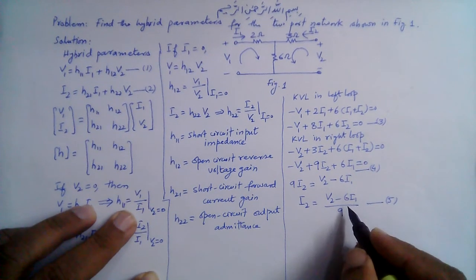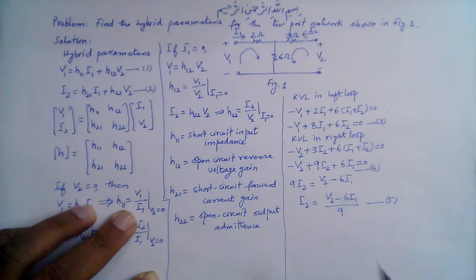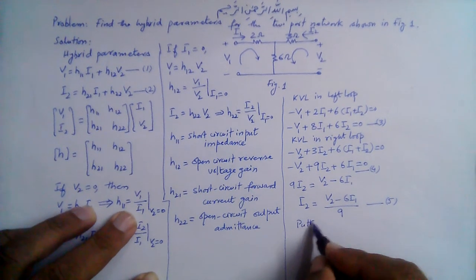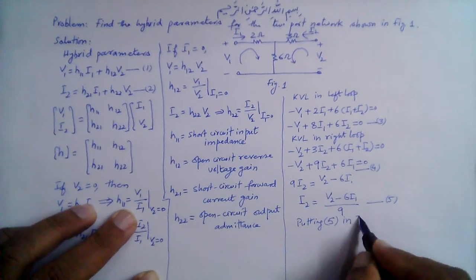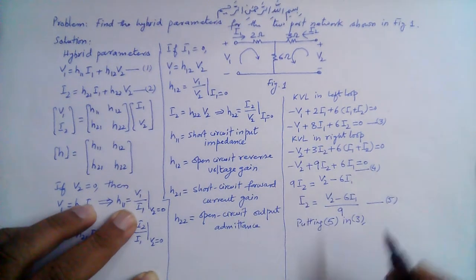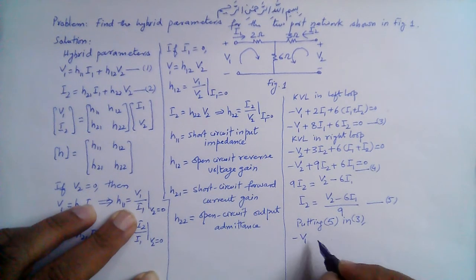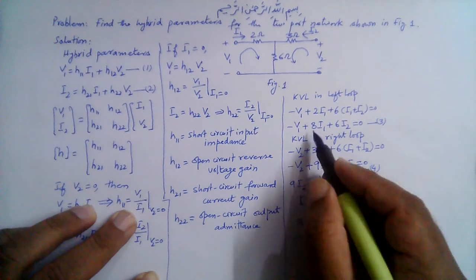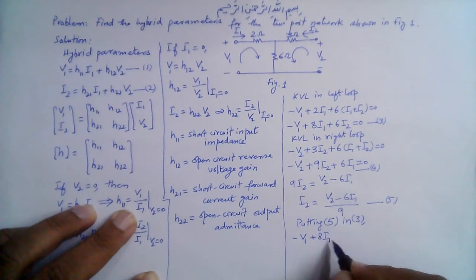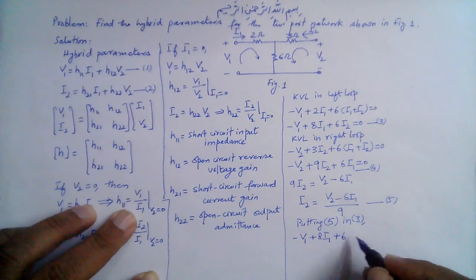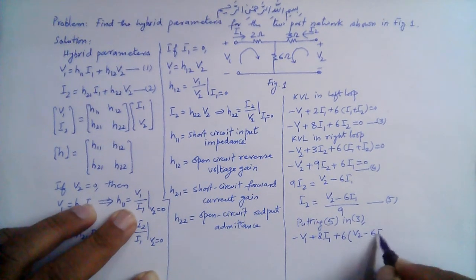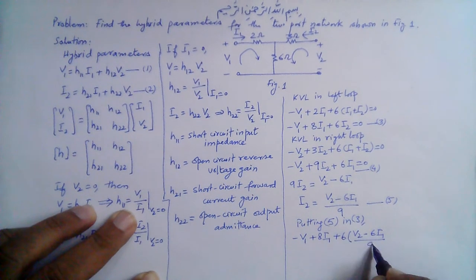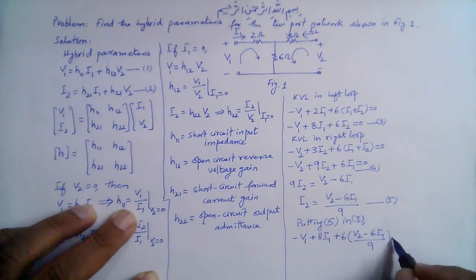So putting 5 in 3, this is minus V1 plus 8I1 plus 6, and now we substitute the value of I2 here: (V2 minus 6I1) over 9, and that is equal to 0.